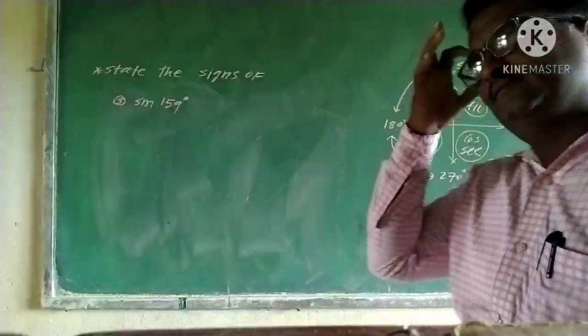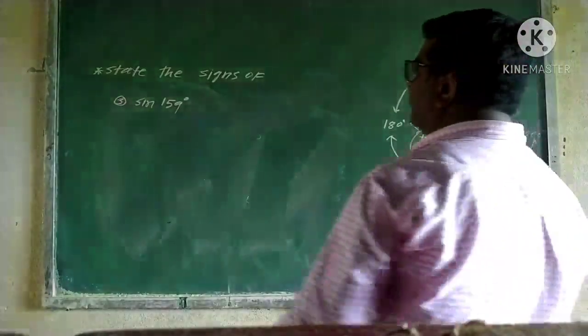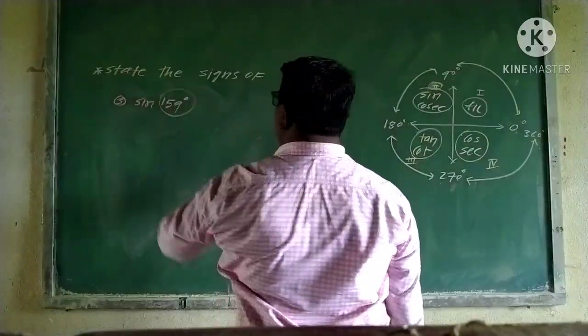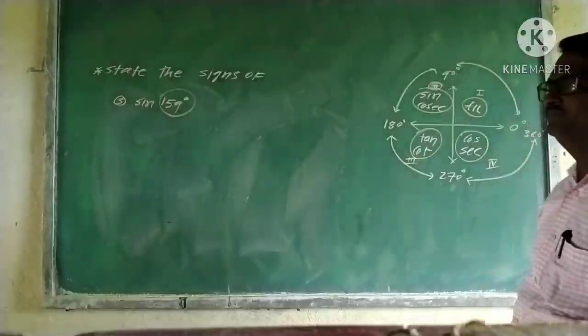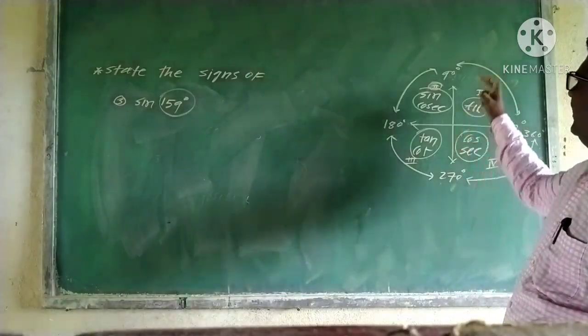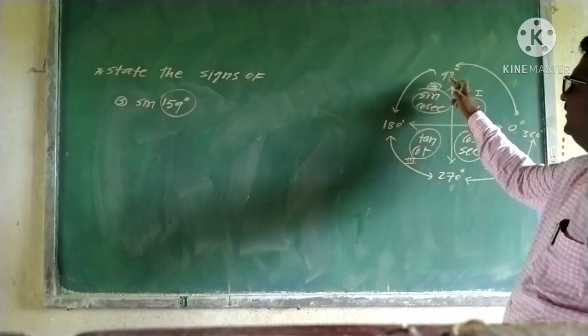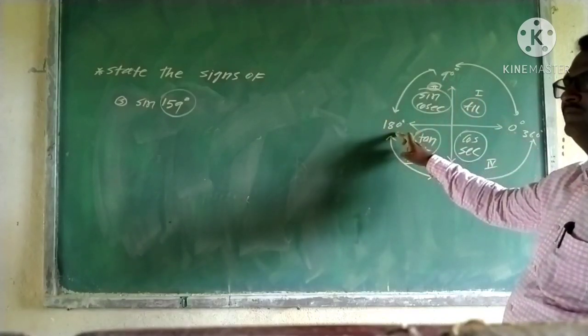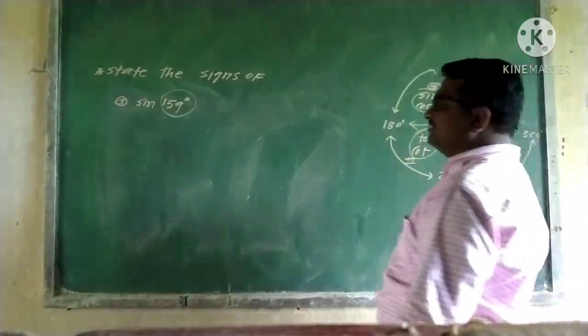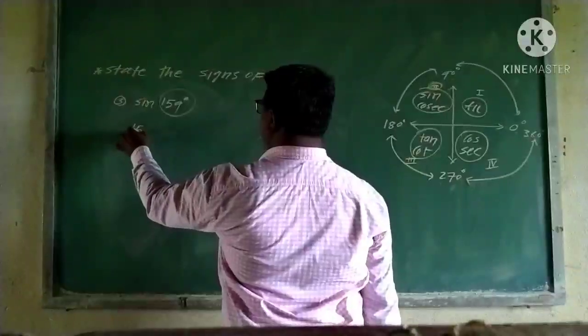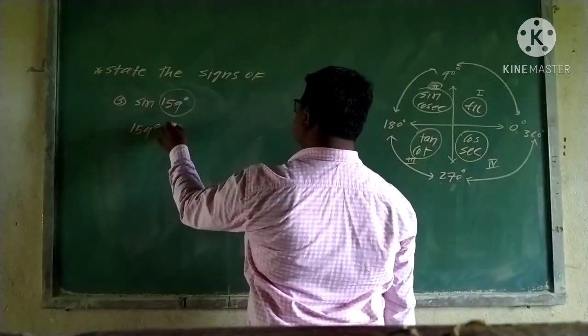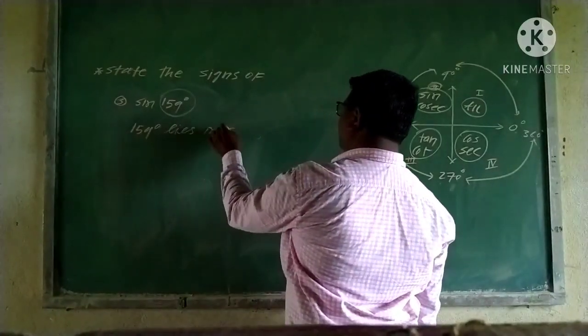Now we'll see that the angle 159 lies between 90 and 180, which means 159 degree lies in the second quadrant.